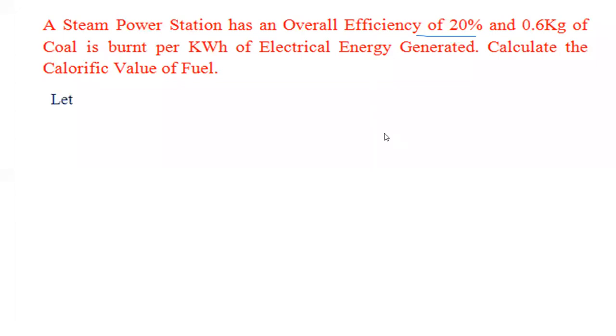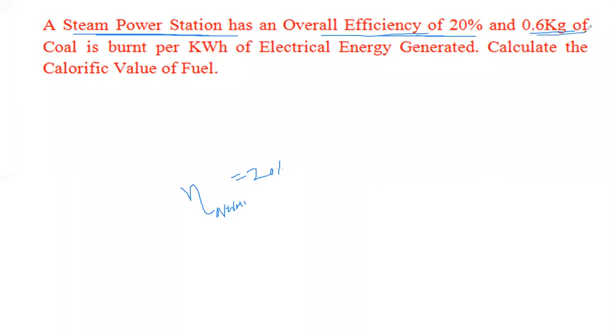Now, all of you observe here. In the problem, they have given a steam power station, that is nothing but the thermal power station, and an overall efficiency of 20%.